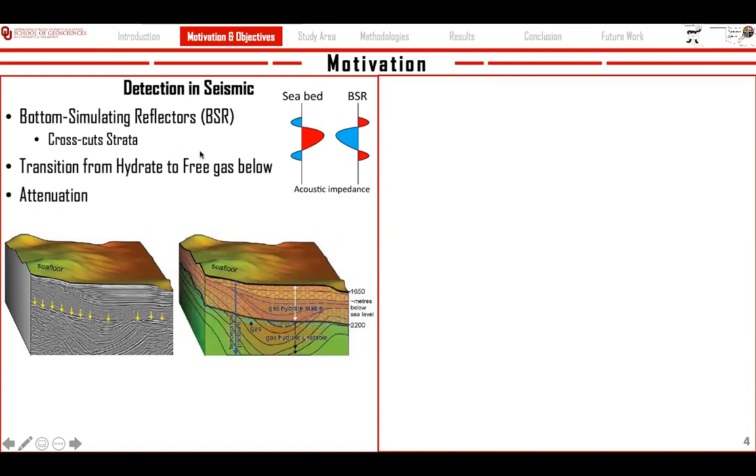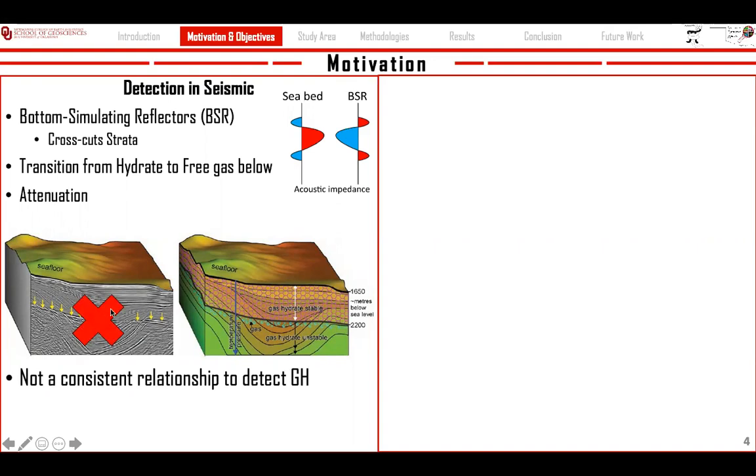Additionally, bottom simulating reflectors represent the transition from hydrate-bearing sediments to free gas-bearing sediments below, and this change in medium properties can incite an attenuation response responsible for the bottom simulating reflection in the seismic data.